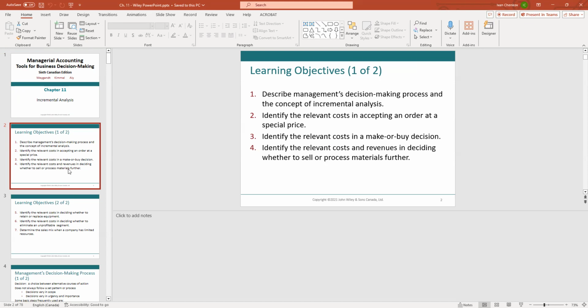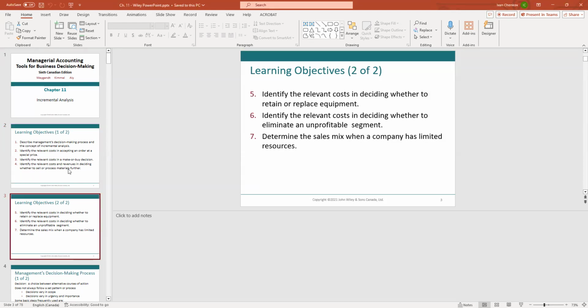One of the decisions is special price. The other one is make or buy: should I do what I'm doing or should I buy outside? The next one is deciding whether to sell it as it is or process further. Another decision that managers have to make is whether to keep the equipment I have or replace it with new equipment.